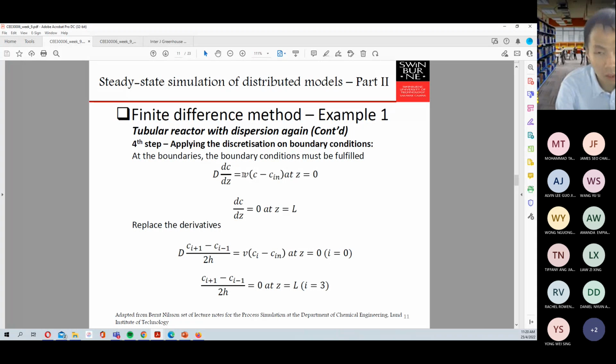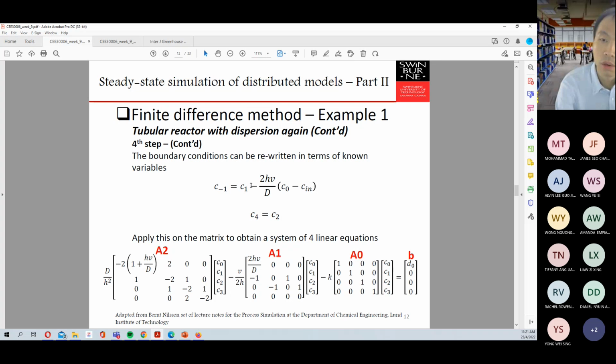So you do it in the same way with your center difference approximation. You just change this particular term with their different finite difference form. The same one, this one also changes with this center difference approximation form. Note that this one lies at the beginning, so your i will be equal to 0. This one is supposed to be put at the end, so your i equals 3.